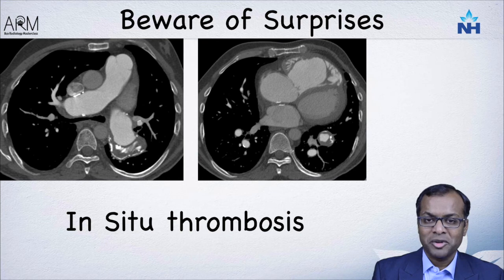Sometimes you will get surprises, like one such case here, where you're seeing calcification and distal vessels. You would agree with me that this could be a chronic pulmonary embolism, but this turned out to be pulmonary thromboemboli in situ.